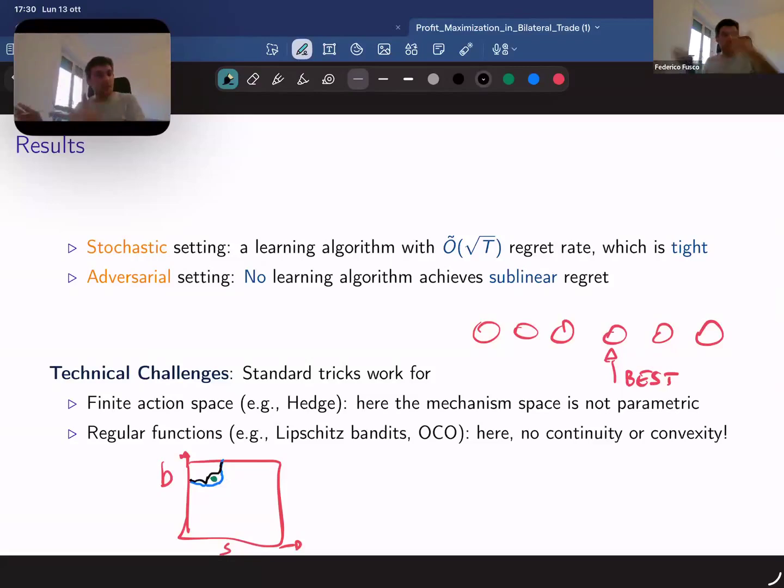So you see, even though in the domain space you can be arbitrarily close, this profit function is highly discontinuous. It's highly irregular because it goes from zero to constant. Okay, so this is just a way to tell that the standard tricks do not work, so we need something more.